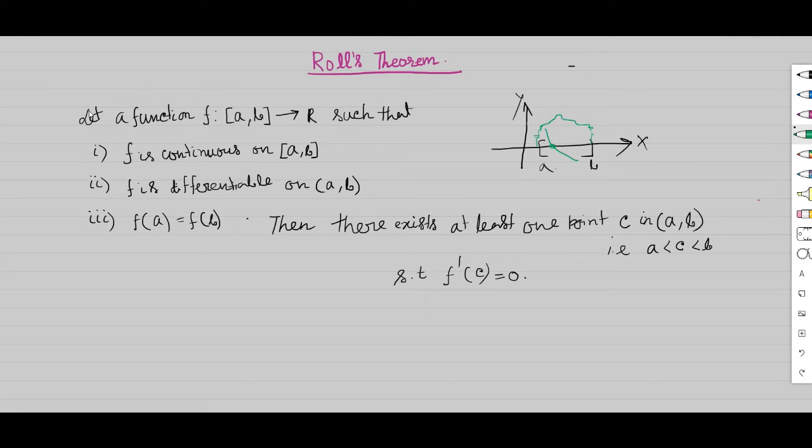So Rolle's theorem says that the derivative function of f is cutting the x-axis at least one time. So this is the main statement of Rolle's theorem. Now this has a proof, but the proof is not in the syllabus, so I have to omit the proof.